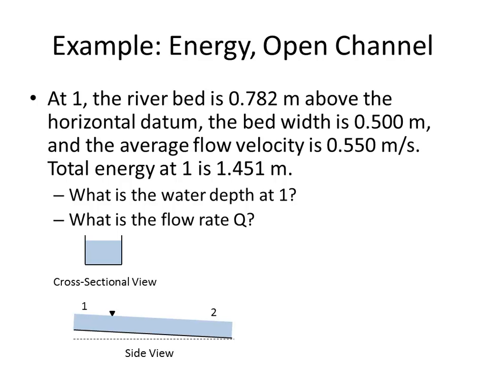And we can use that to find the flow rate because Q equals AV, and the area is going to be dependent on the depth. The width of the channel is 0.5 meters, and the depth is 0.654 meters.